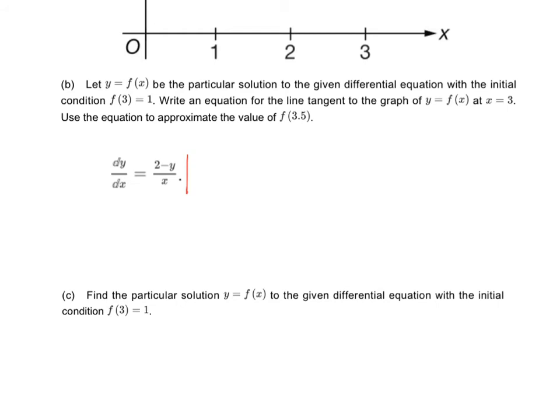So we'll just plug in that ordered pair, (3, 1). If you plug that in, (2 minus 1) over 3, that's 1/3. So this is the slope of the tangent line at that point.